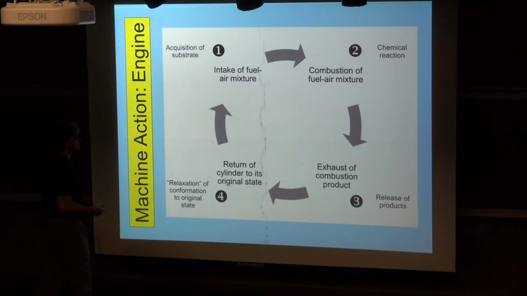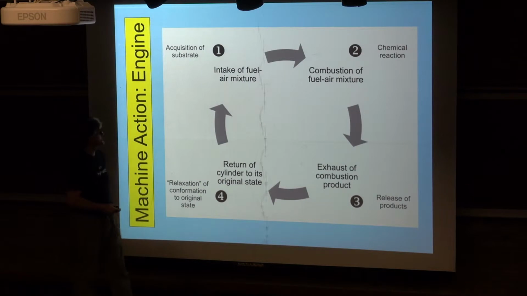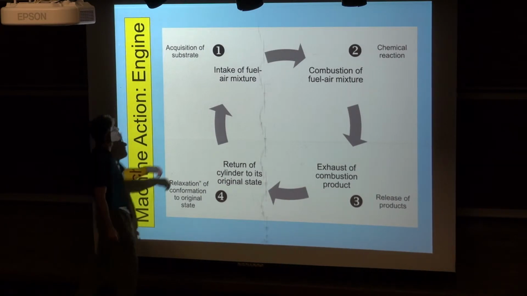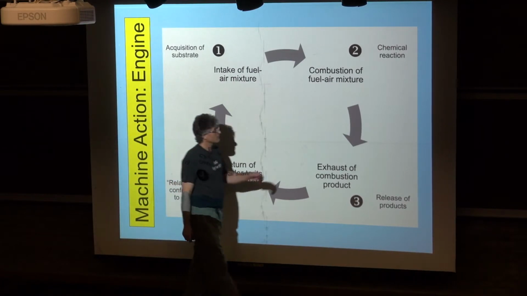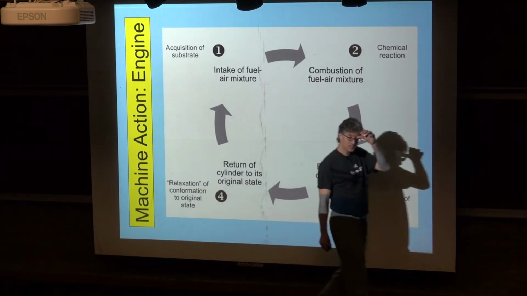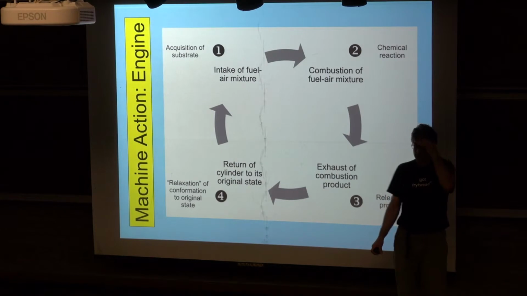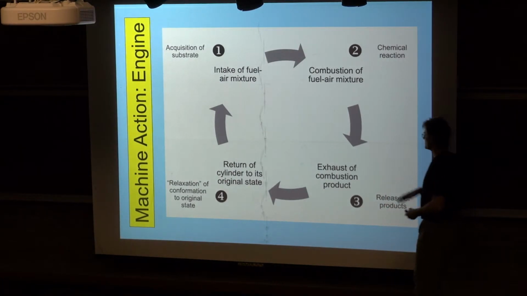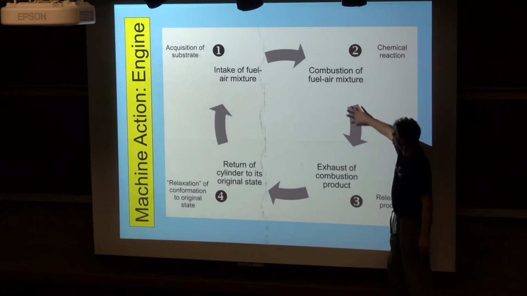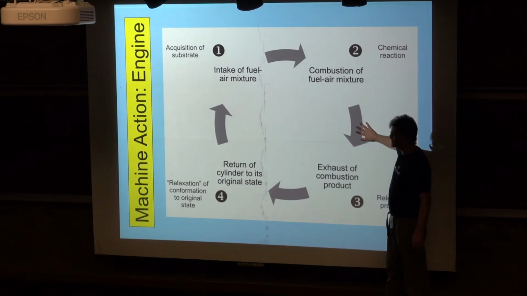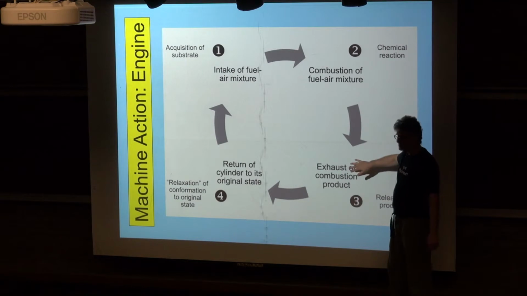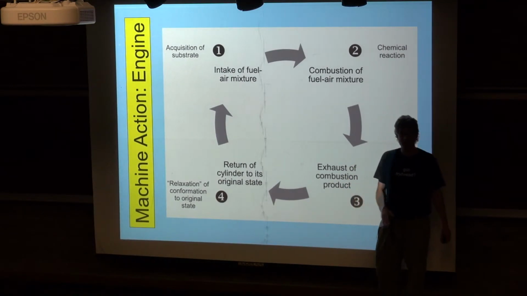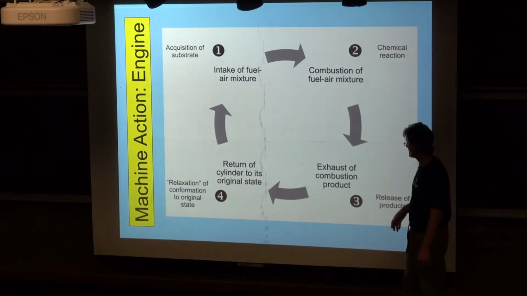This is a way of thinking about engines that goes very much the same way. In the engine in your car, you've got an intake of fuel-air mixture. And then you have combustion of that fuel-air mixture. This all causes things to change within the engine, the position of the pistons. And as the pistons are changing, you have a release of the combustion products in the exhaust.